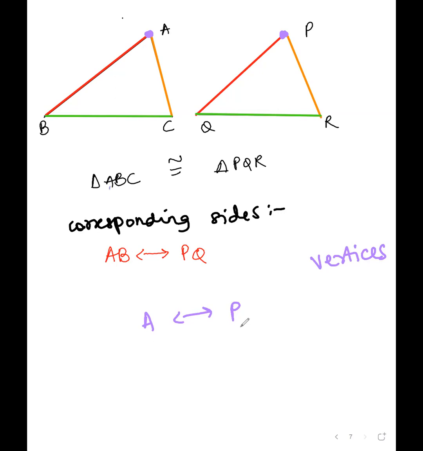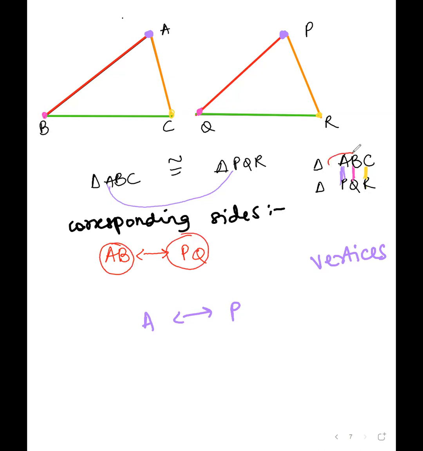So Hiba, you can also see it like this. A is corresponding to P. If I write it like this, how had we written it? Triangle ABC is congruent to triangle PQR, right? So A is corresponding to P, B corresponding to Q, and similarly if C is corresponding to R, then C is right on top of R. Similarly, over here we had AB corresponding to PQ, the sides.